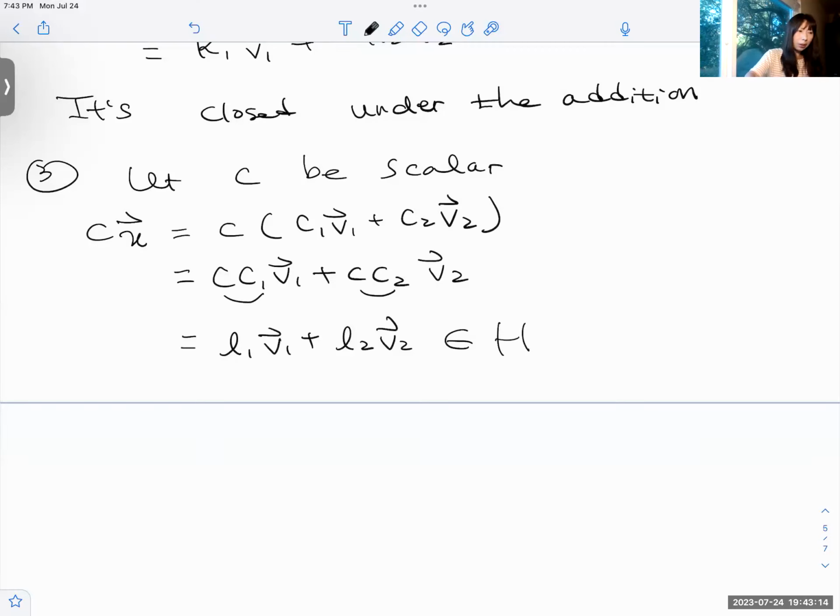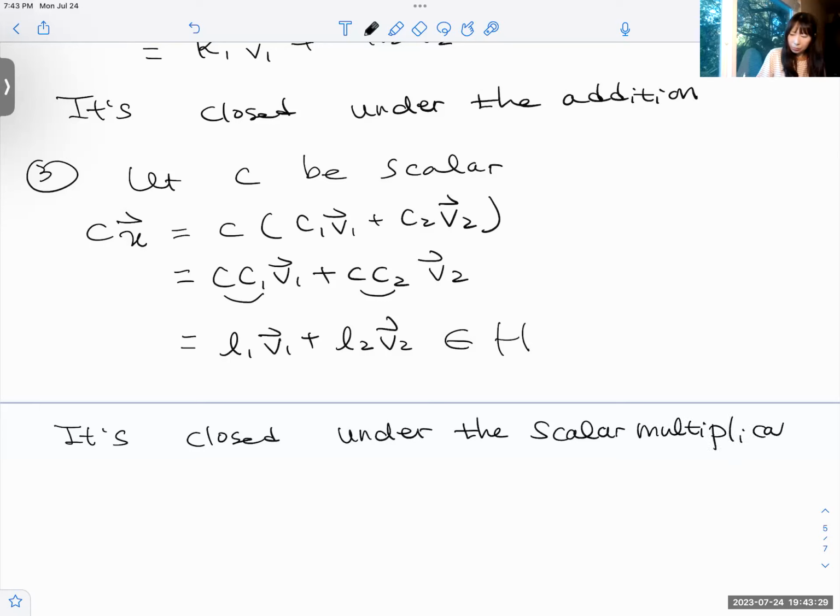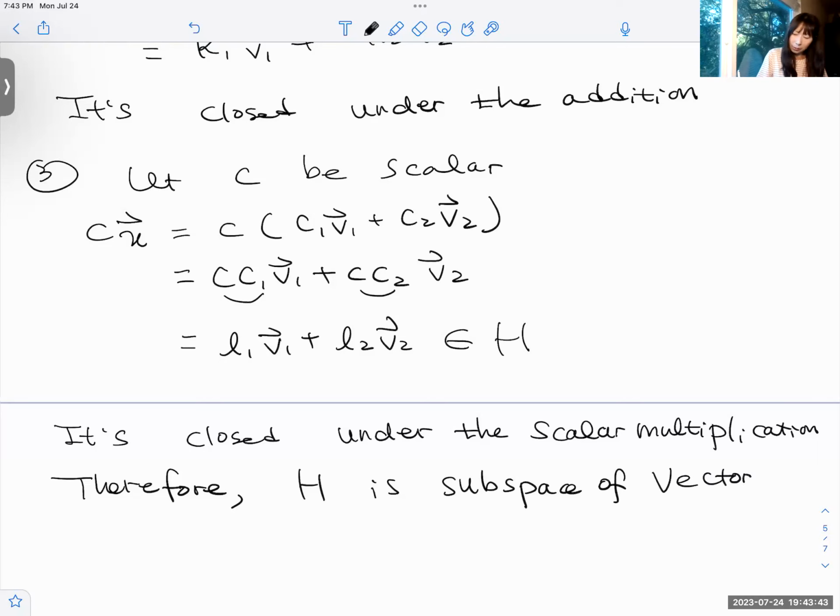So it's closed under scalar multiplication. Therefore, H is a subspace of vector space V.